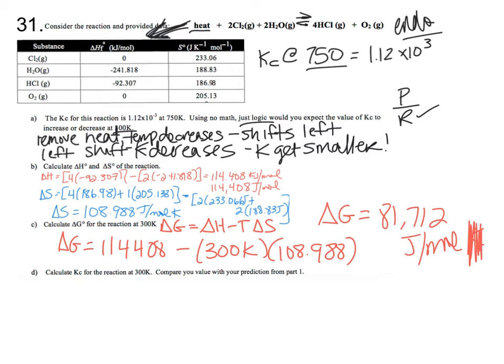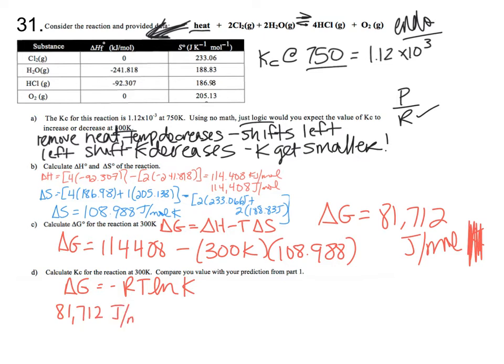Now I have to calculate K for the reaction at 300. So I'm going to use delta G equals negative RT ln K. I already have that at 300, and I'm finding the K at 300, so that was the whole reason I used 300. So I have 81,712.